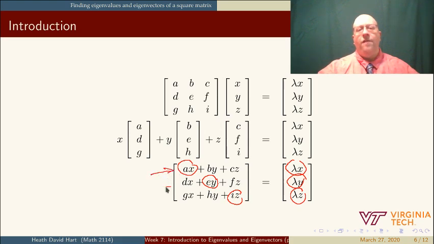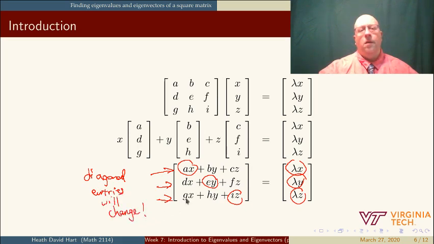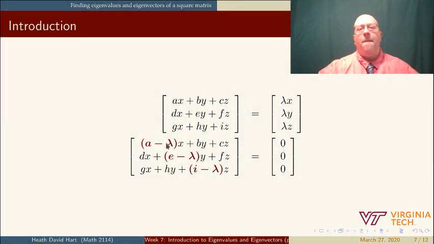And again, these are the diagonal entries that will change. A, E, and I become A minus lambda, E minus lambda, and I minus lambda. When we do that, we have a homogeneous system.